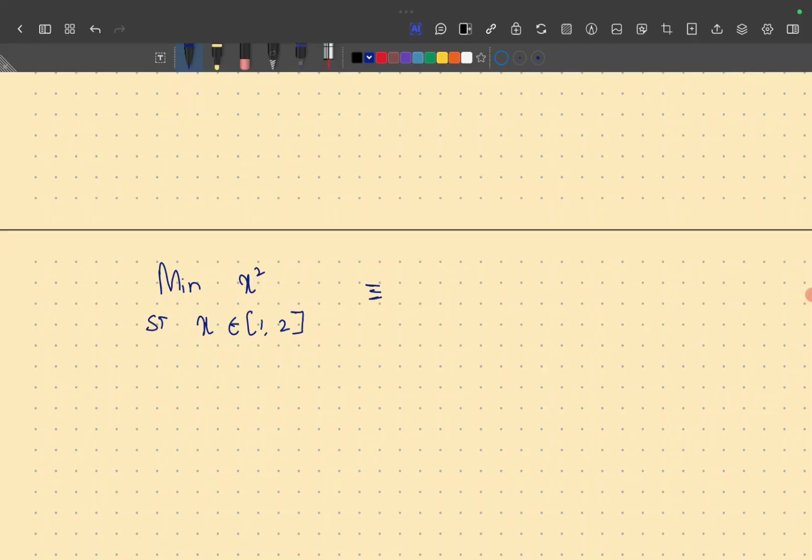Okay, this is equivalent to minimizing x squared such that x is less than or equal to 1 or x minus 1 is less than or equal to 0, and 2 minus x is less than or equal to 0.